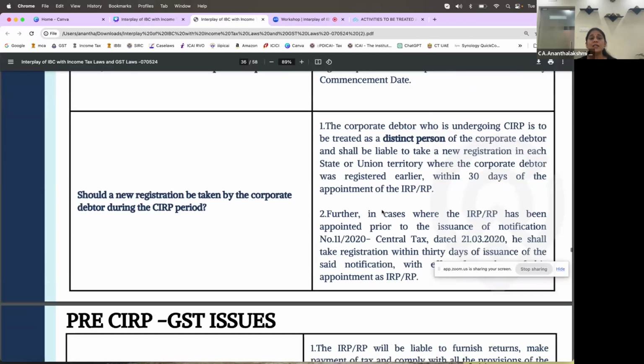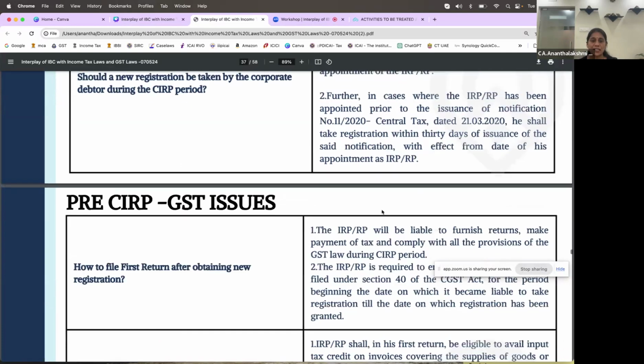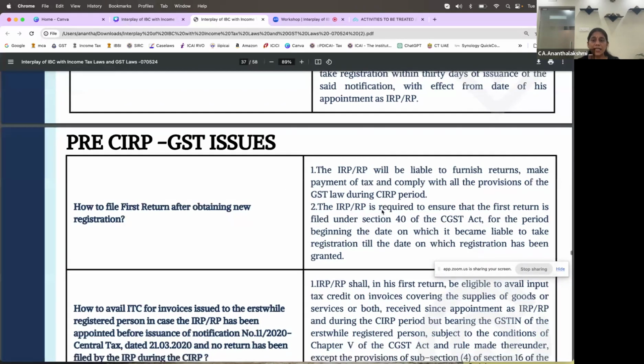Then we'll move on to the second question, which is very well known and has already been discussed. Whether a new registration is to be taken by the corporate debtor during the CIRP process? Simple answer, yes. A 30 days time frame is given to us. Then we will see how to file the first return after obtaining the new registration.